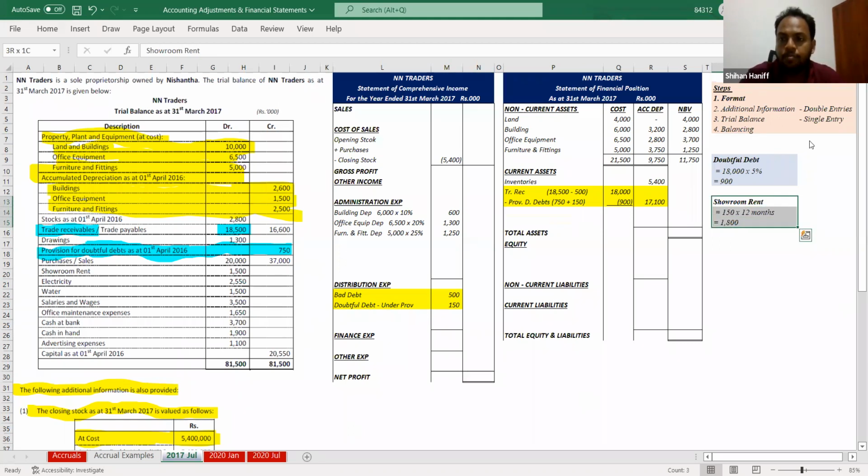That's the total showroom rent for 12 months.